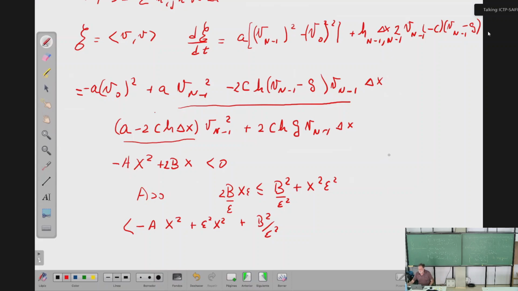So I can take the constant c to be what? C has to be bigger than, or in the case where I have 0, c is h over 2h delta x, okay?